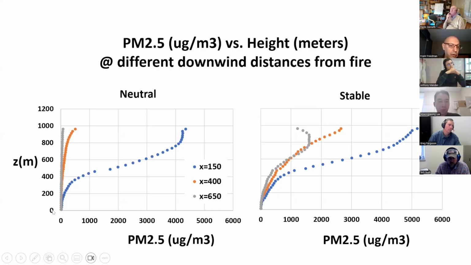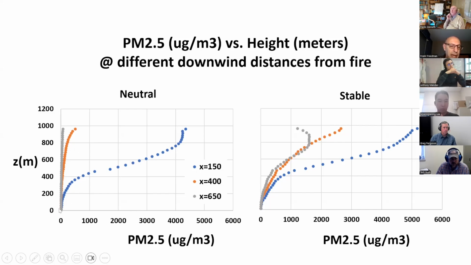The vertical axis is vertically up the fire. So it's PM 2.5 on the horizontal, and the vertical is the height of the plume. As you go upward in the plume, you go more and more into the plume mass, and you see higher concentrations. As you go downwind, the concentration decreases. You get up to 4,000 micrograms per meter cubed at X equals 150 in the body of the plume, and that decreases as you go downwind.